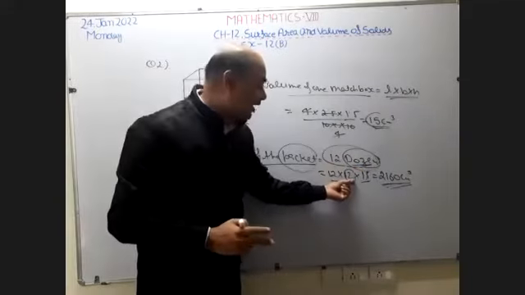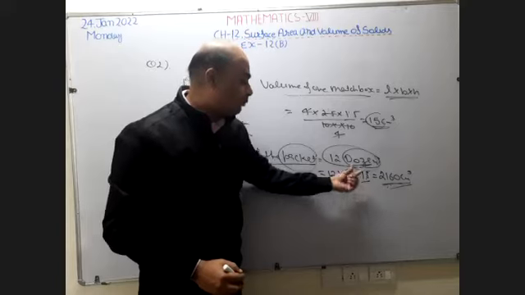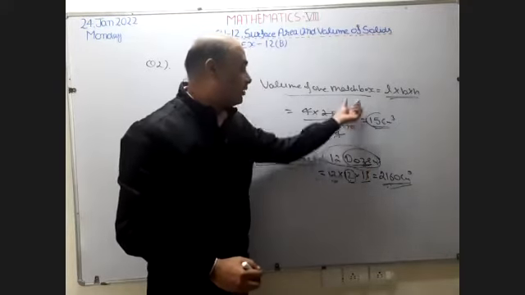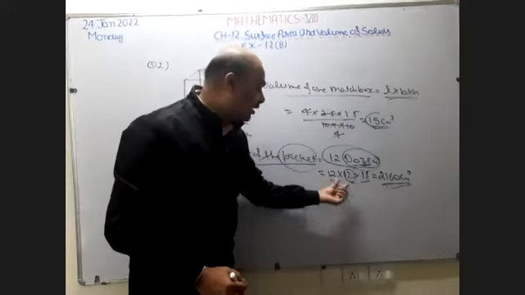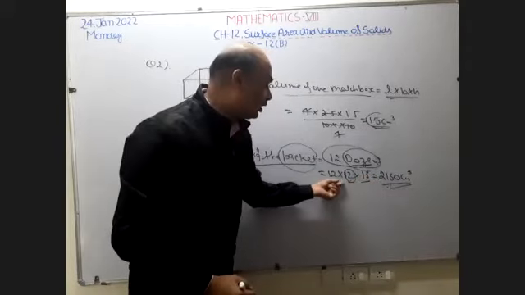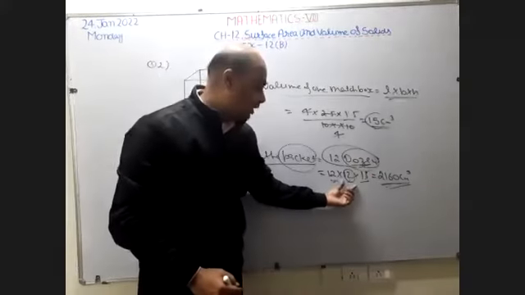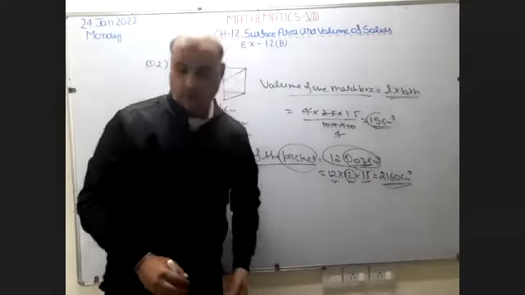We multiply 12 again. This is the reason I multiply 12 into 12 again, because in one dozen, 12 matchboxes are there. So it's going to be 12 into 12, and the volume of one matchbox is 15. Multiply all the three, it's going to be 2160 centimeter cube. Is it clear? Yes, sir. Okay.